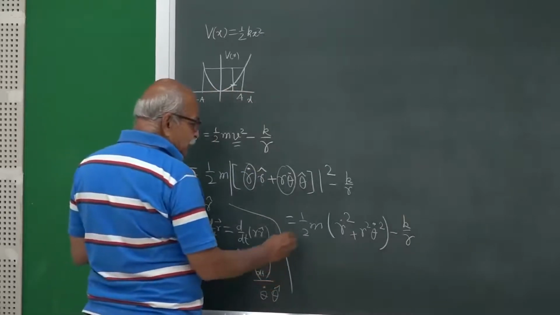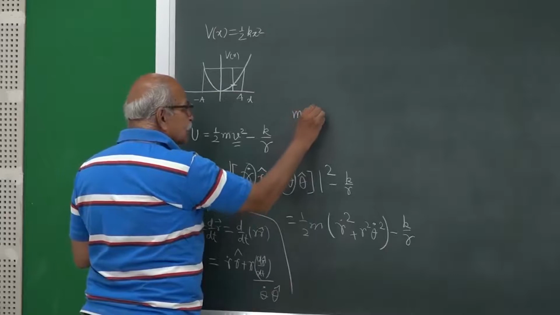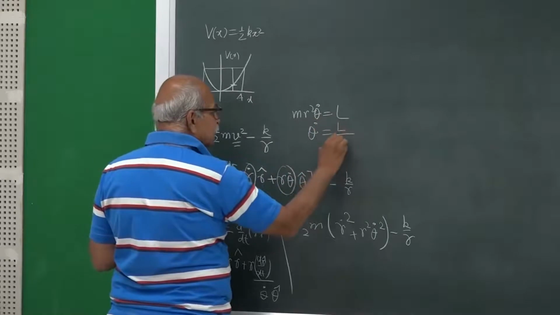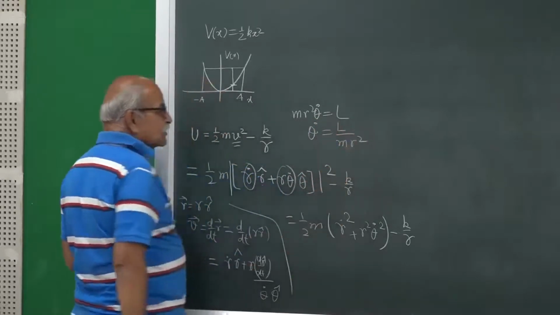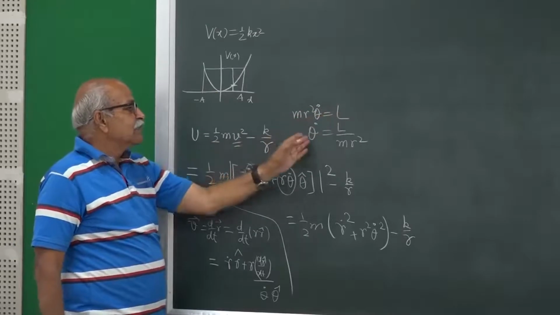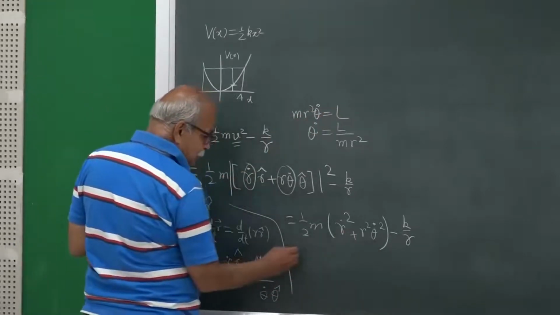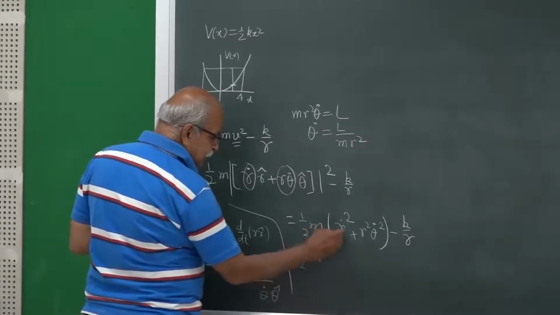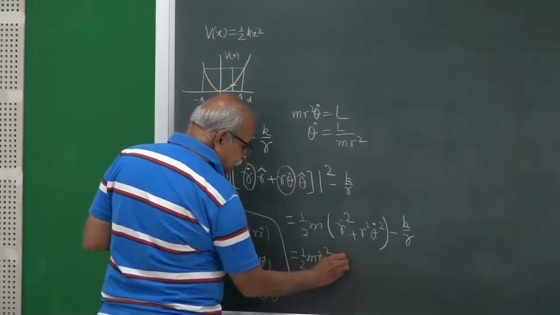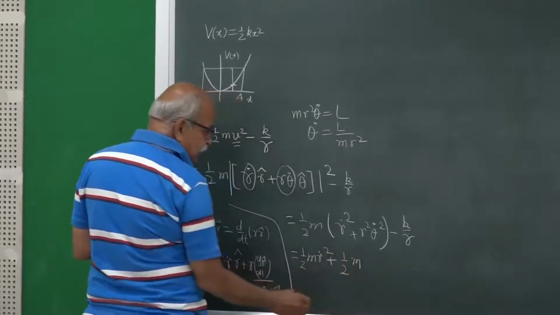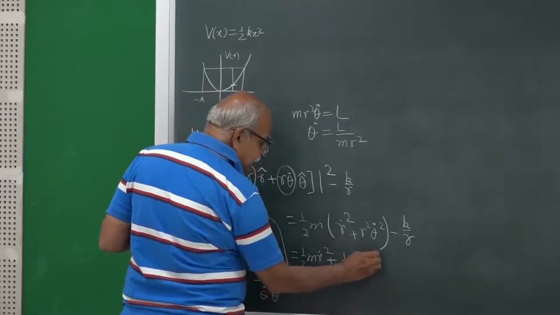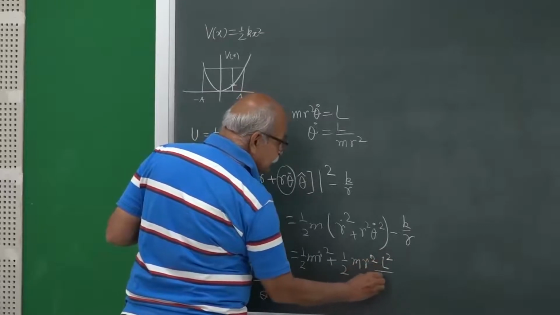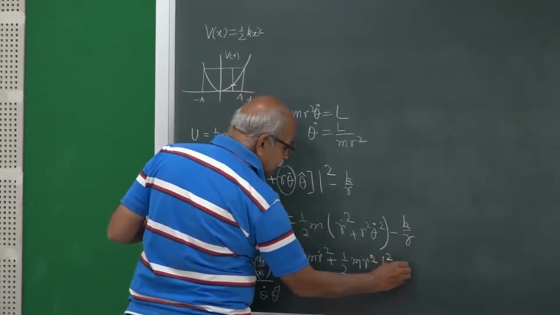And you also know that m r square theta dot is L. So, theta dot is L by m r square. Put it here. So, you have half m r dot square as the first term, and then half m times r square times theta dot square, so L square over m square r to the 4, and minus k by r.